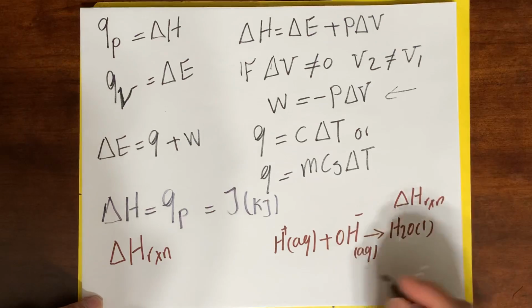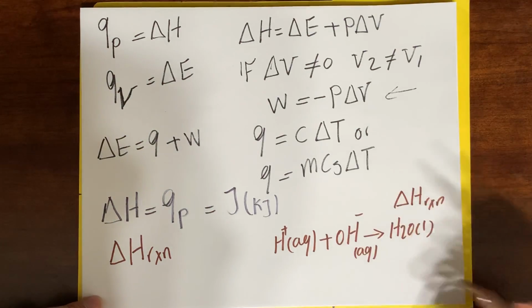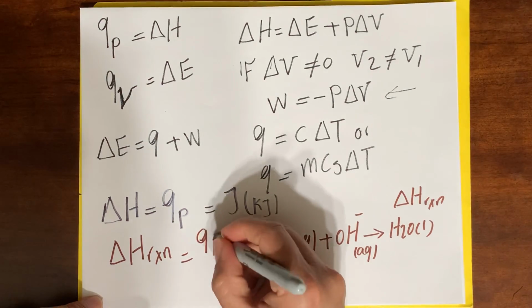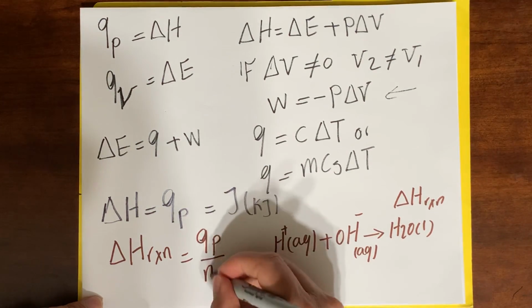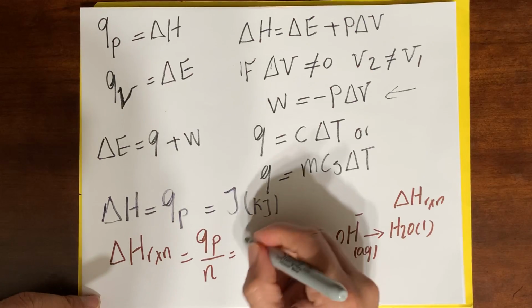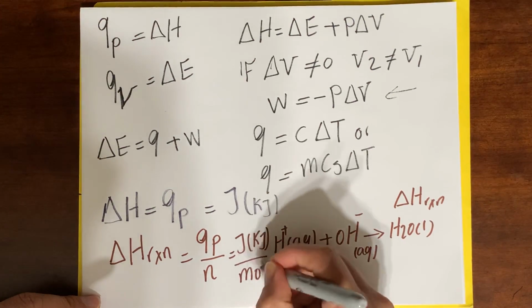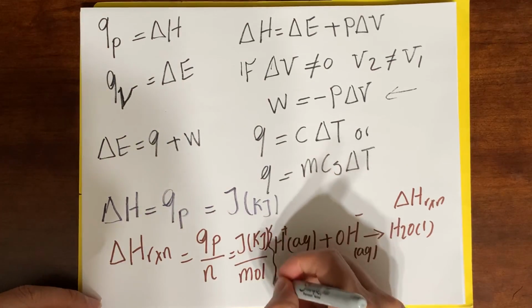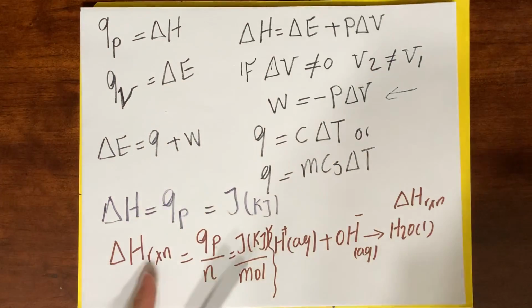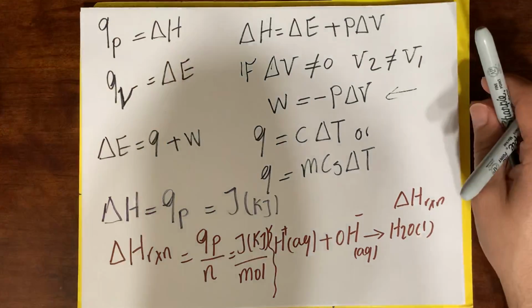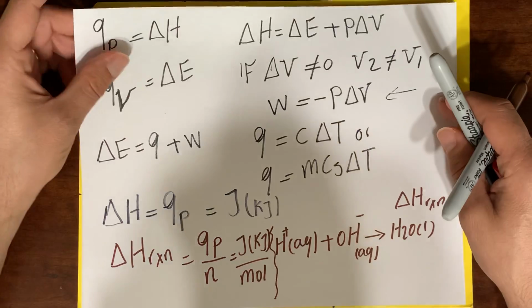In that case, you need to know the number of moles of the limiting reagent. So you take heat under constant pressure and divide by the number of moles, and you get joule or kilojoule per mole. So anytime we write delta H in front of any reaction, we need to divide it by the number of moles of the limiting reagent.